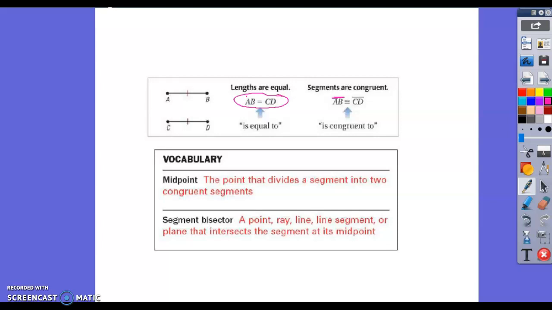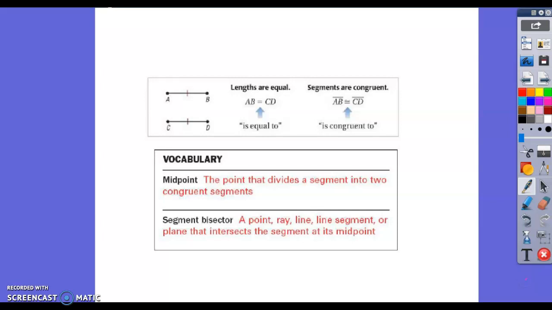This measure is the same as this measure, and the measure of a segment is a number, so it's like 5. So you can say 5 equals 5. This is a really important concept that we're going to use all year, and by the end of the year, most people still don't get it.